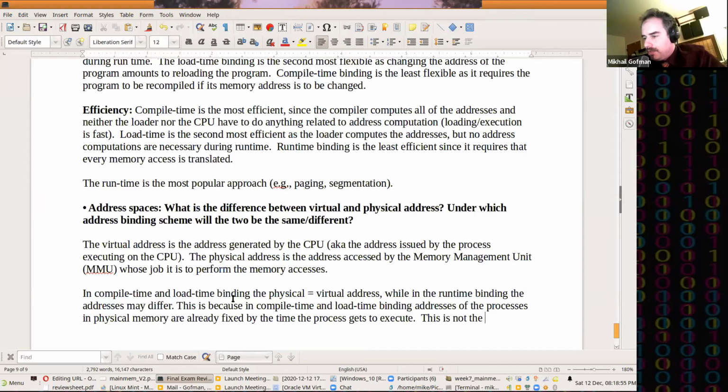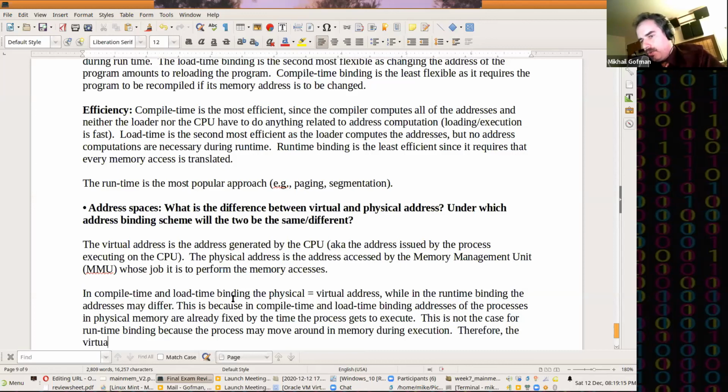This is not the case for runtime binding, because the process may move around in memory during execution.